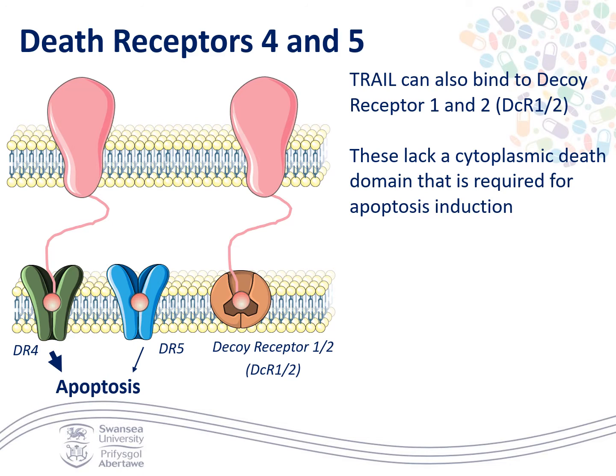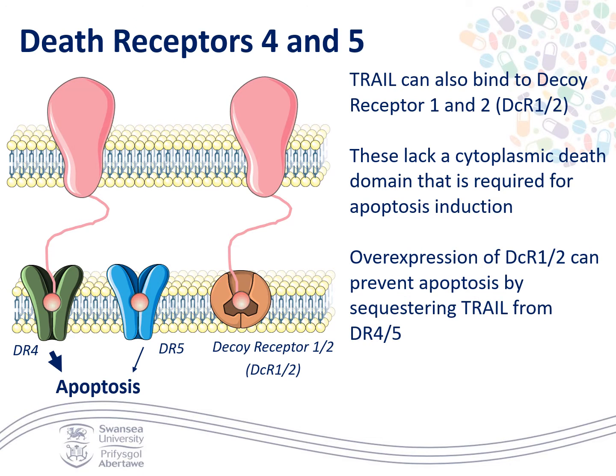So TRAIL can bind to the receptor, but there is no intracellular death domain to allow the activation of downstream signaling cascades, and so we do not have activation of apoptosis if TRAIL activates decoy receptors, hint their name, decoy receptors. However, TRAIL will activate cellular apoptosis if it is activating death receptor 4, DR4, or death receptor 5, DR5.